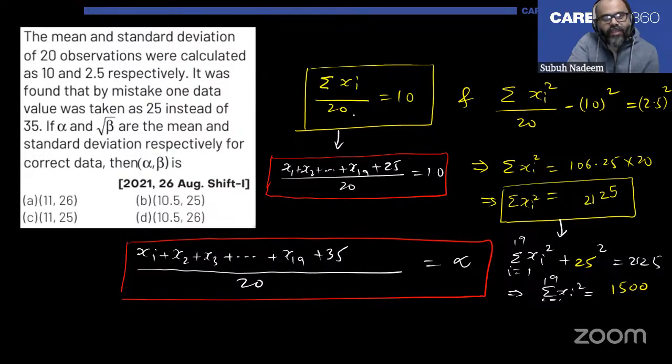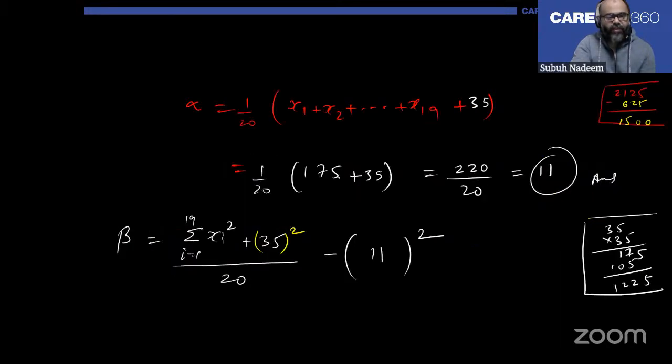This is sigma xi by 20 is equal to 10. And sigma of x1 till x19 plus 25, by 20 is equal to 10. Now sigma of x1 till x19 plus 35, by 20 is alpha. So we replace it by 200 minus 25, that is 175, plus 35.